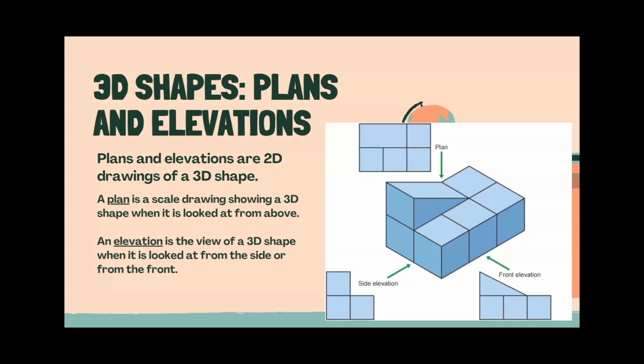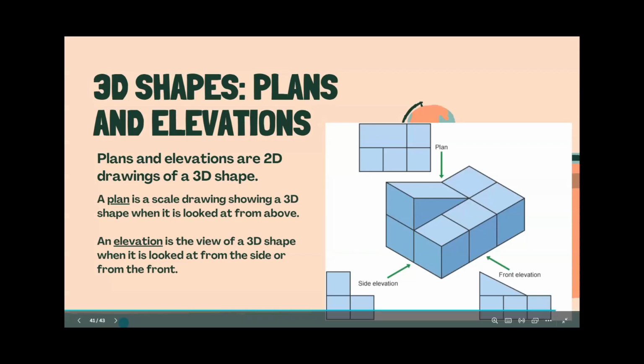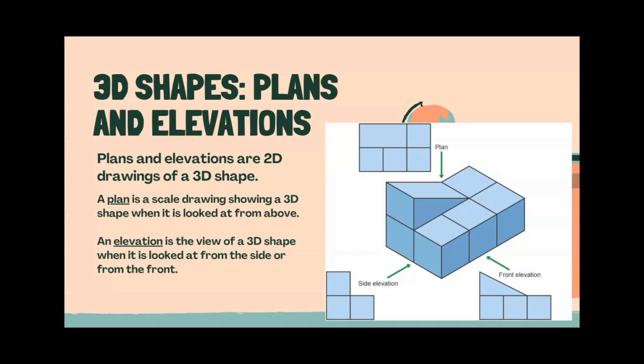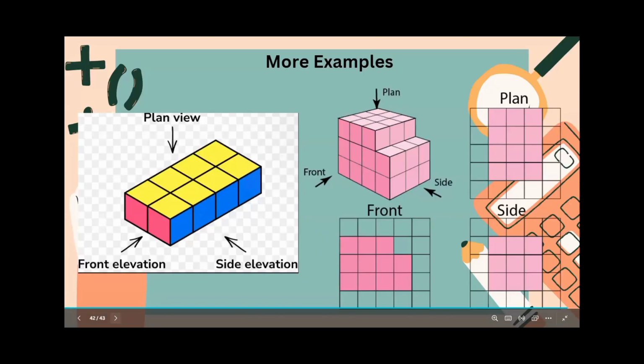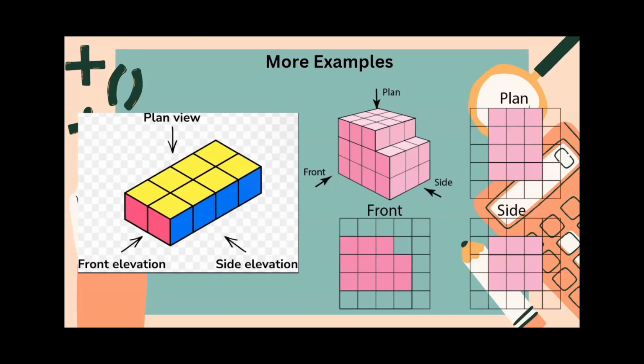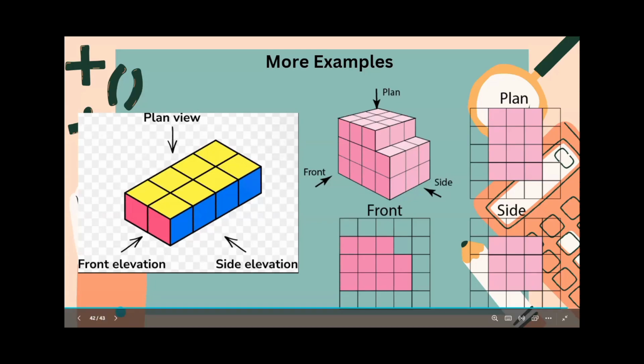As you can see in this picture, the plan is the view from the top, so this triangle you can't see, you can just see the connected shape. Next, an elevation is the view of a 3D shape when it is looked at from the side or from the front. Here are more examples of plan and elevation.